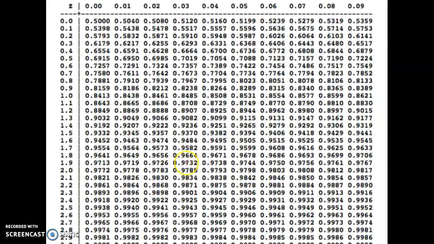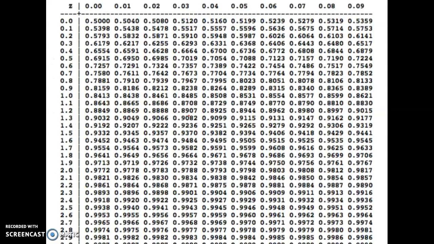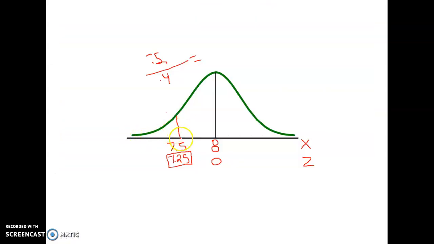We've standardized these values to 0 and to negative 1.25. The question itself, however, says find the probability of the cumulative function 7.5. Well, that means we want to find this area here. Let me shade that in. We want to find this area right here. And to do that, we're going to need to go to our z-table and find that 7.5 in terms of z-scores, which is negative 1.25.